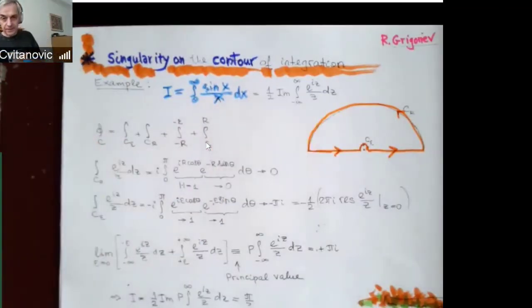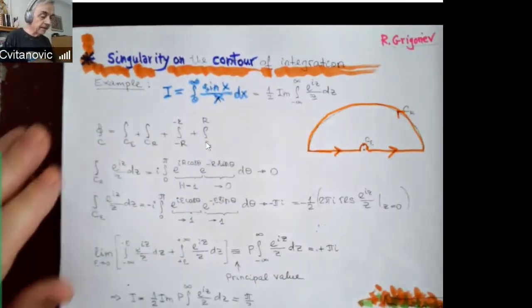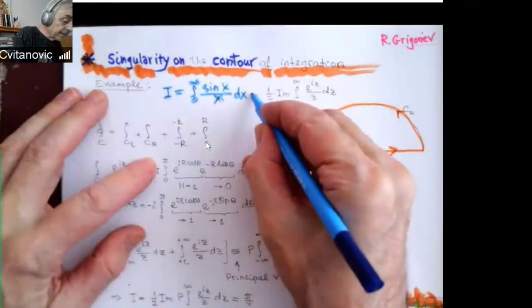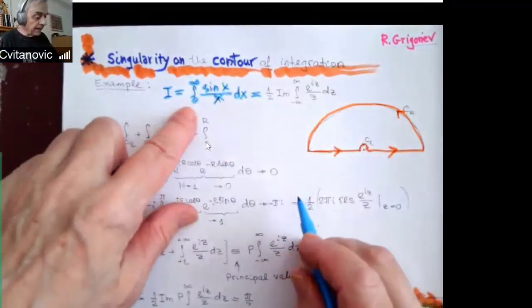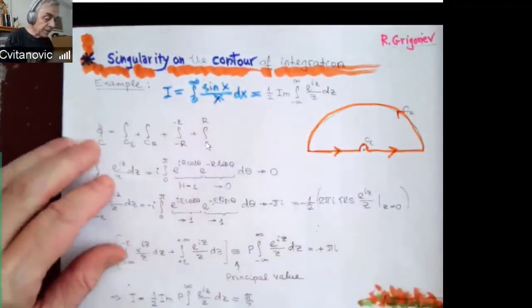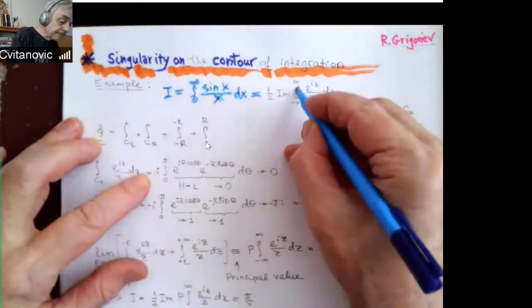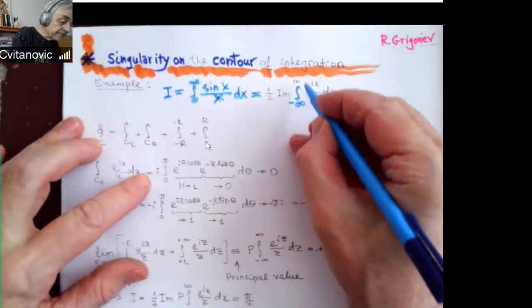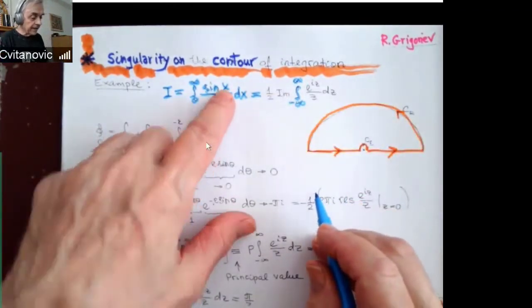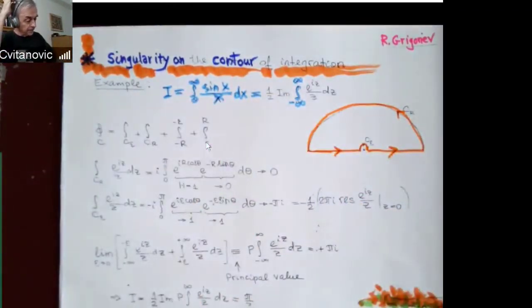But here is a typical trick of what you do to make a real problem complex. You say, well, first let me make this integral from minus infinity to plus infinity. And that you can do because both x and sine x are odd under x going to minus x.